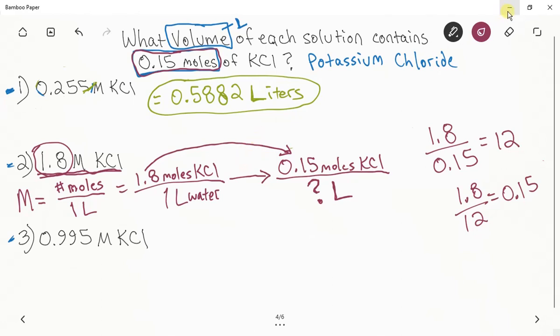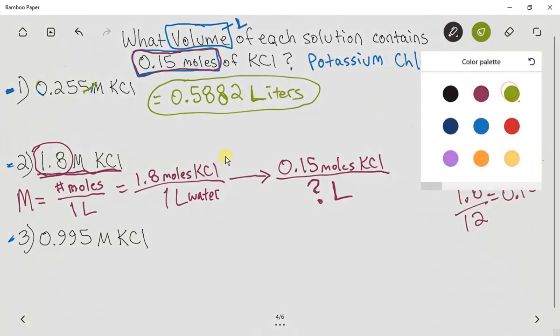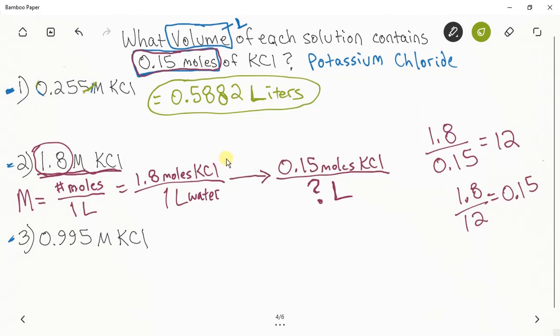So that's exactly what we're going to do. Let me erase this. We're going to take this 1.8 moles of potassium chloride and we're going to divide it by 12. And that's going to give us 0.15 moles of potassium chloride.